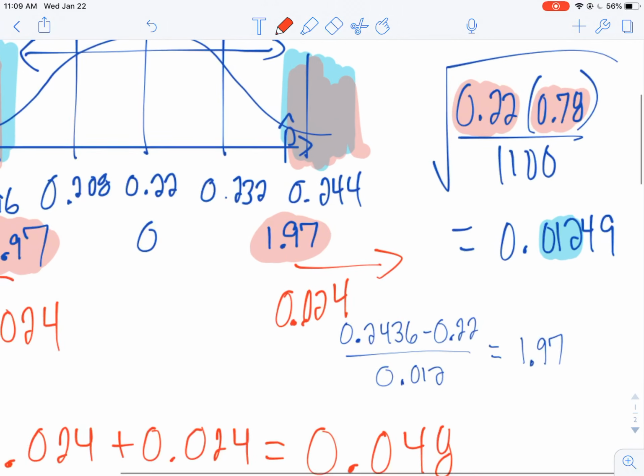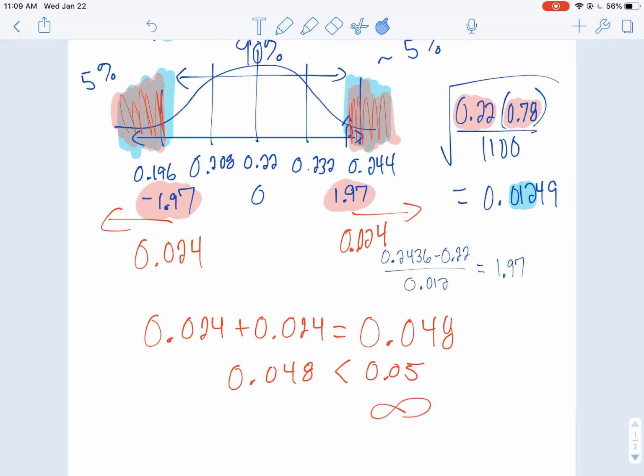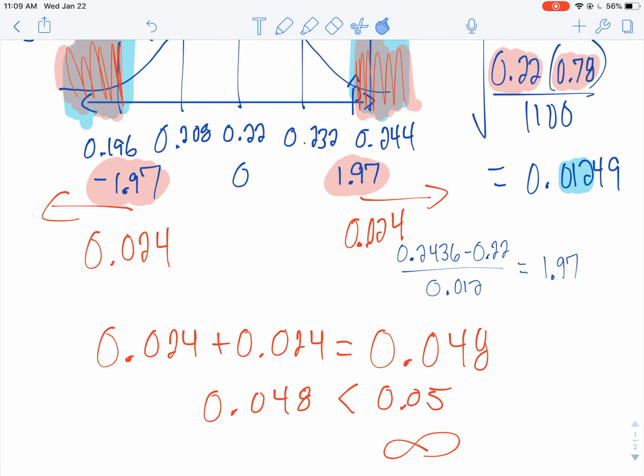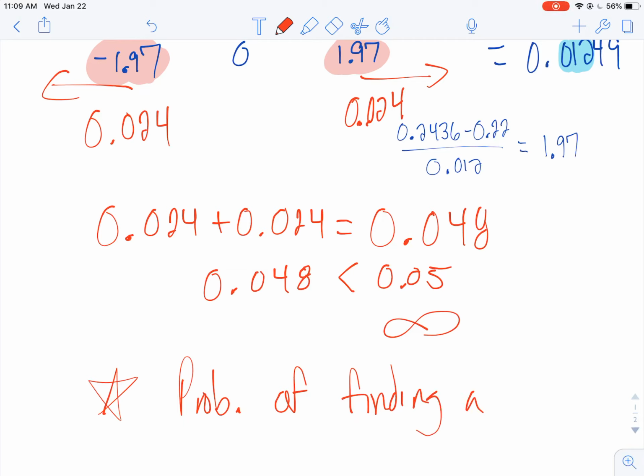However, because this is two-sided, remember, you're going to be doubling that p-value. You're going to be doubling that probability of finding that statistic or higher, because you're also concerned about finding that or lower. That's the key to a two-sided test. You want to double that because you're looking for the probability of finding a statistic that extreme in either direction.